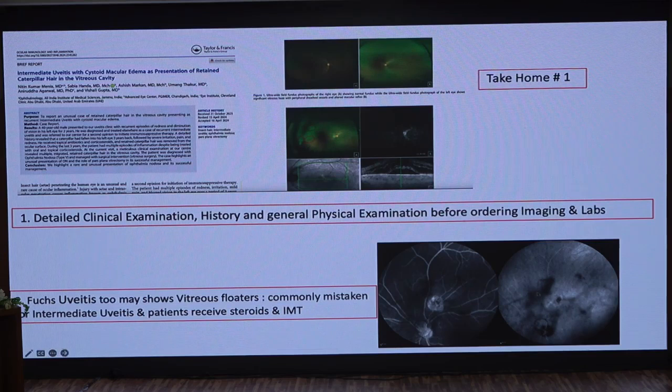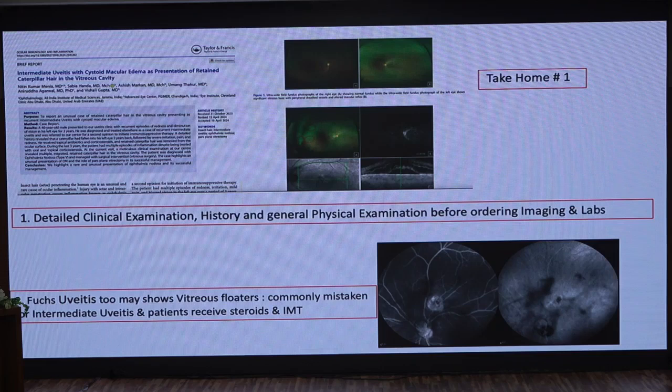And corollary to this is a patient with Fuchs uveitis. The Fuchs uveitis patients would always have vitreous floaters. So vitreous opacities are a part of Fuchs.